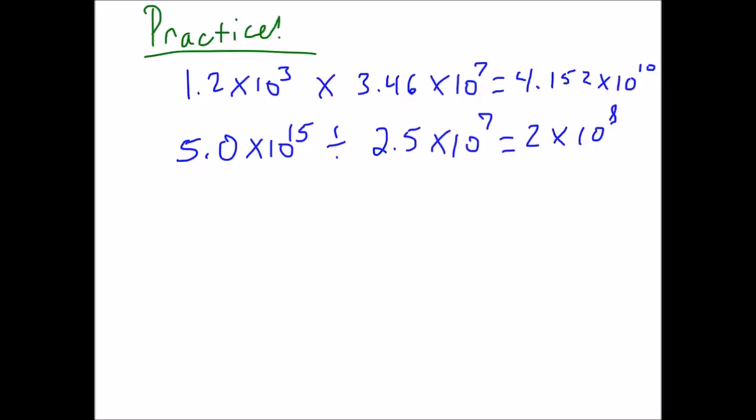Okay, we get 2 times 10 to the 8th. Now this one should have been really easy to do in your head. 5 divided by 2.5 is 2, because 2.5 is exactly 1/2 of 5. And then 15 minus 7 gives us 8. So 2 times 10 to the 8th, and that one should have been really easy.